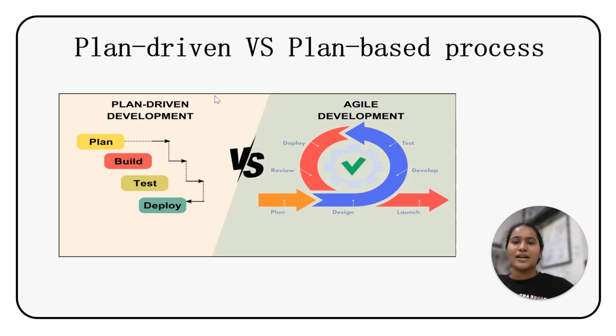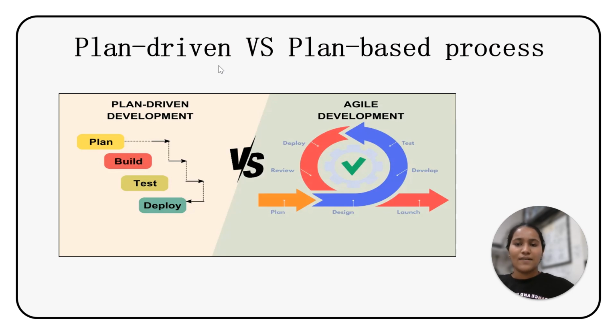Examples of this process are Sky, Philips, JP Morgan Chase. The models which use the plan-based process are Agile development, Scrum, Extreme Programming, Crystal, feature-driven development, adaptive software development, etc.